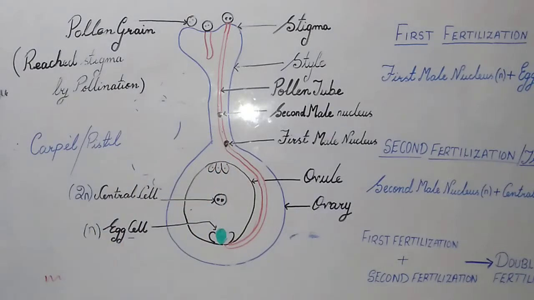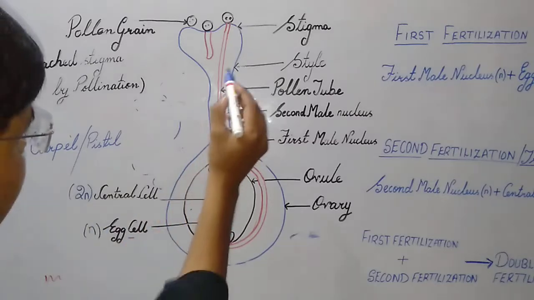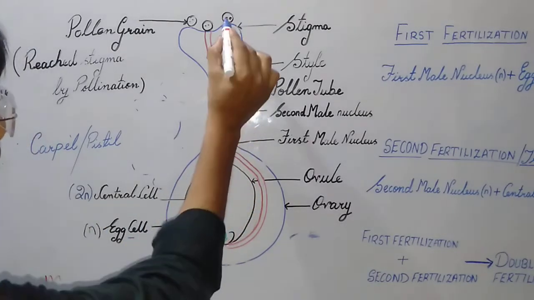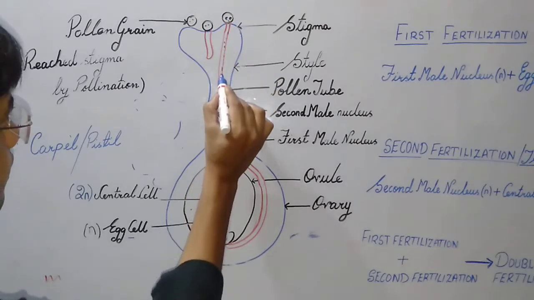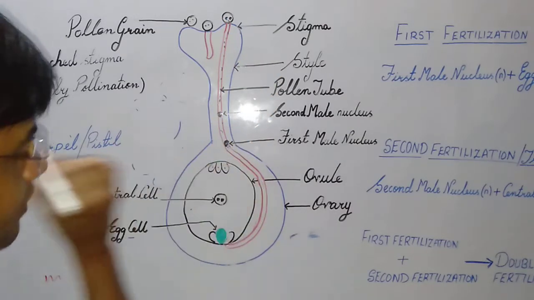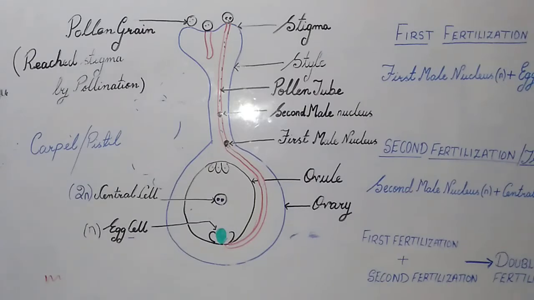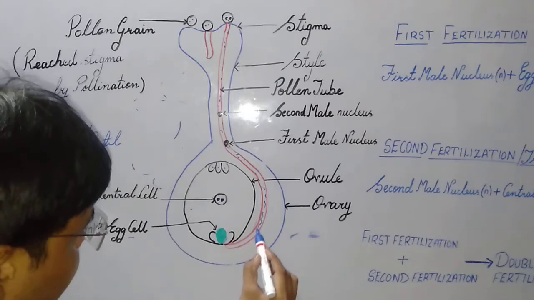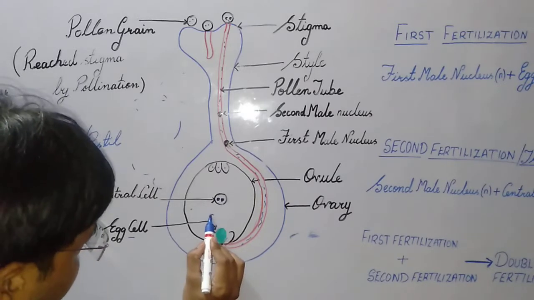Now the next step: what happens when these male gametes reach inside the ovule? If this is the first male nucleus, it started its journey from here, comes like this, moves like this and enters the ovule.